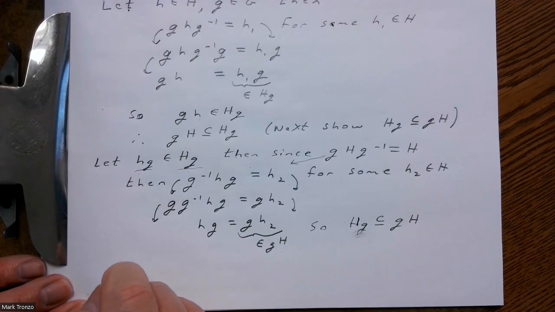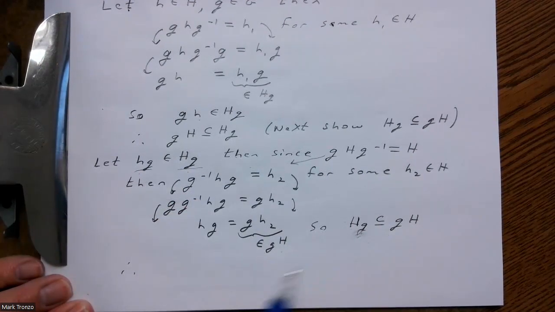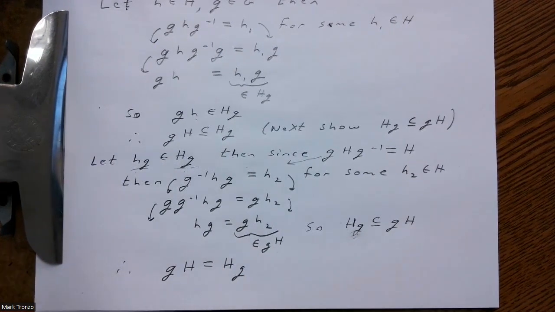And therefore, we had GH is a subset of HG, and HG is a subset of GH. Therefore, GH is equal to HG. Any questions on that?